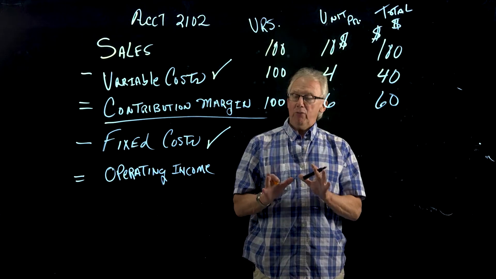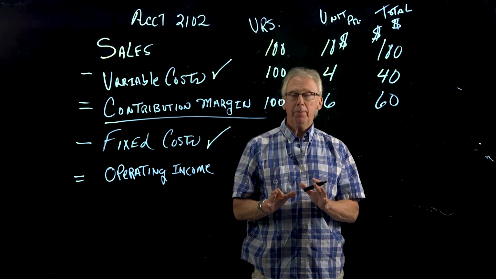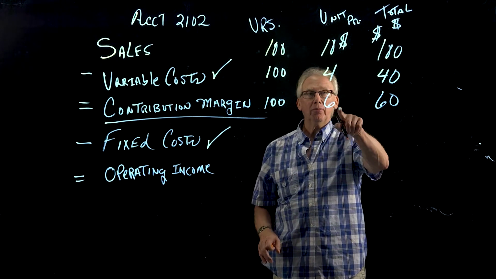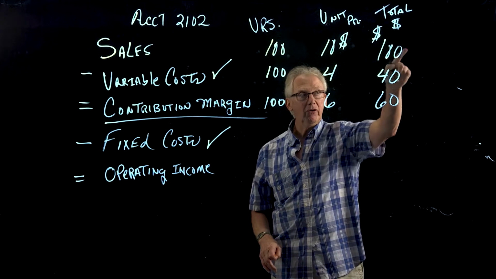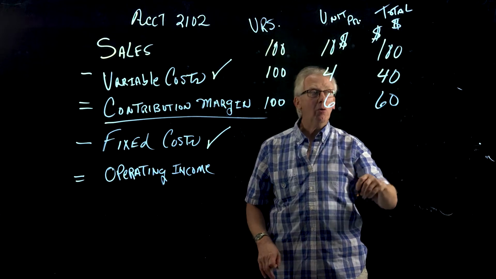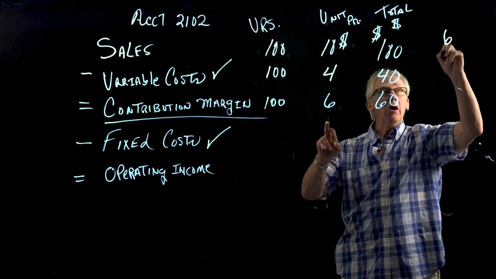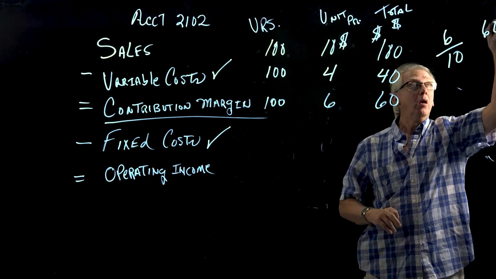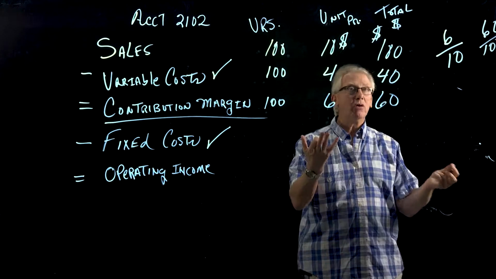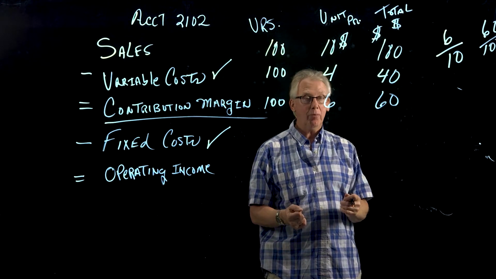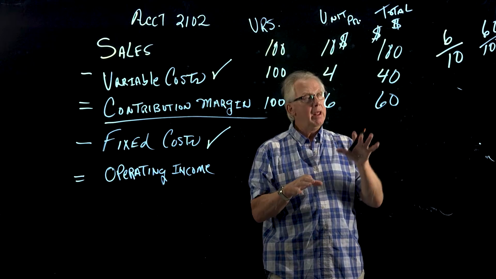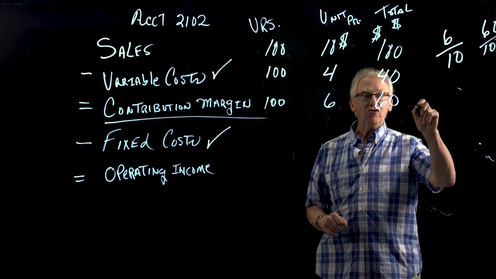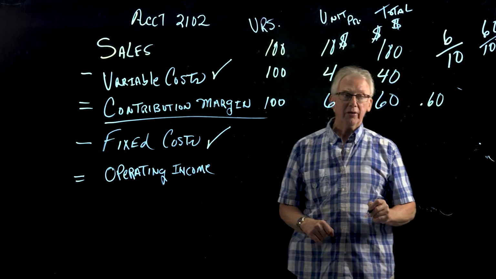Okay, if we want to know the contribution margin ratio, we can figure this out either using unit prices or total dollars over here. Either one. And all we got to do is take the contribution margin over the sales price. Either way, you can figure out the contribution margin ratio. It's contribution margin divided by sales price. And of course, the contribution margin ratio here would be 60%.